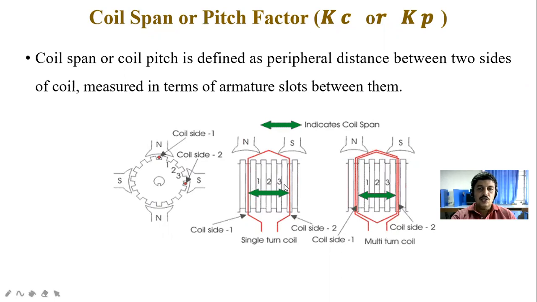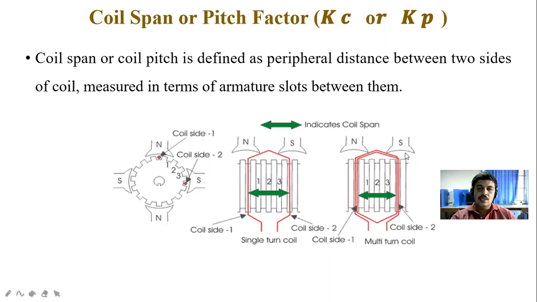This distance between two coil sides, measured in terms of the armature slots present between them, is known as the coil span. From this diagram, we can easily identify the coil span of this coil, which is equal to 3 slots.